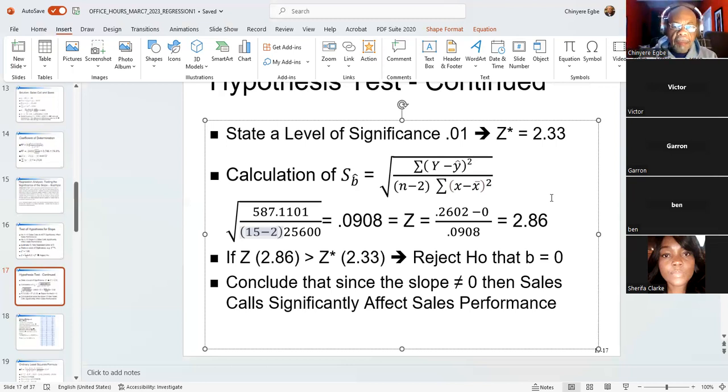So can somebody get that calculation for me? 25,600 times 13 times 587.1101, and to the power 2.